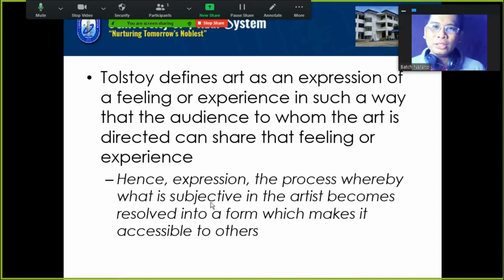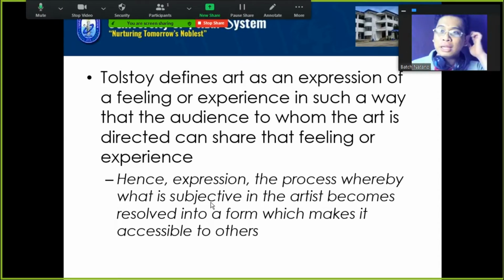Tolstoy defines art as an expression of a feeling or experience in such a way that the audience to whom the art is directed can share that feeling or experience. Hence, expression, the process whereby what is objective in the artist becomes resolved into a form which makes it accessible to others.